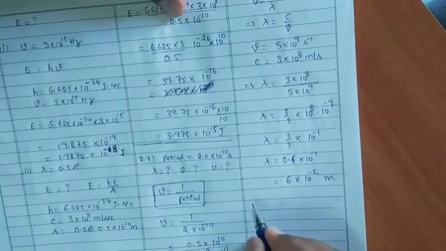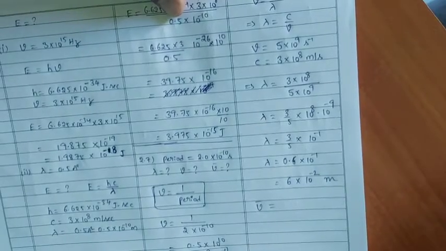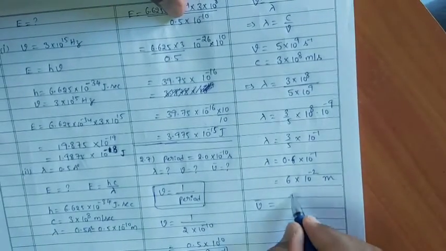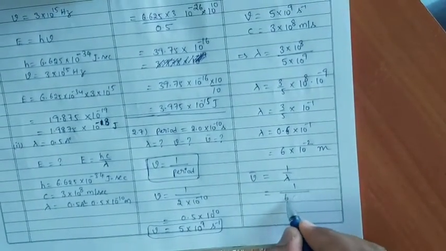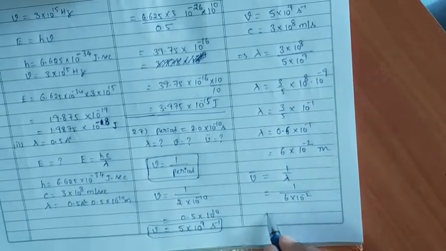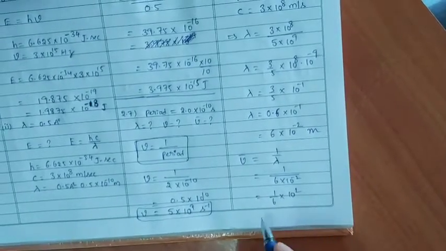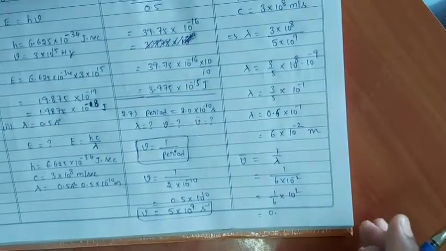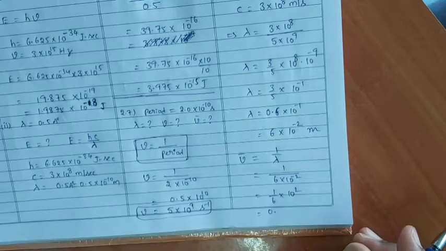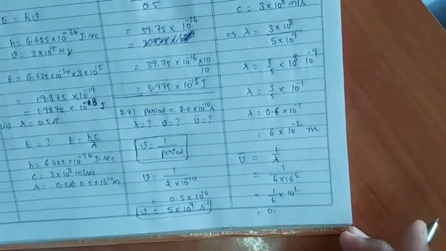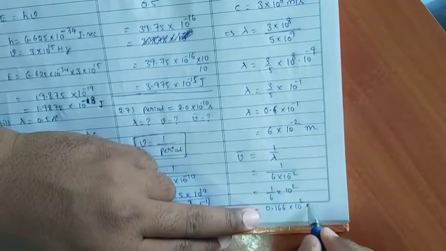After finding the lambda value, we have to find nu bar. Nu bar is equal to 1 by lambda, is equal to 1 by 6 into 10 power minus 2, that is 1 by 6 into 10 power 2. 1 by 6 means 0.166 into 10 power 2 per meter.